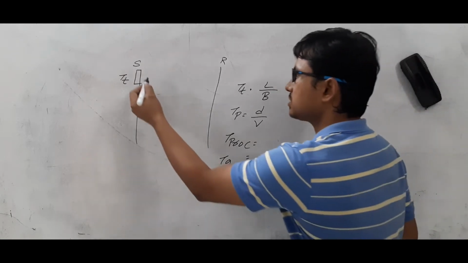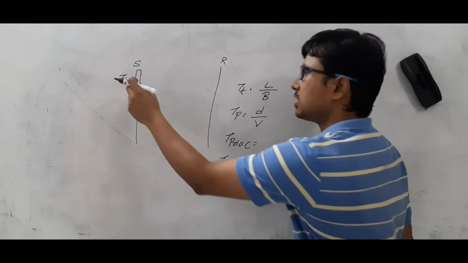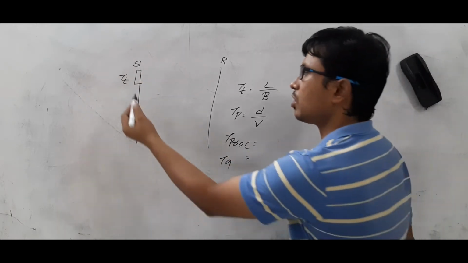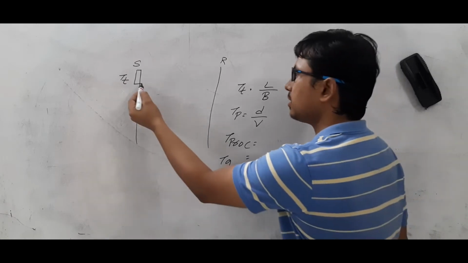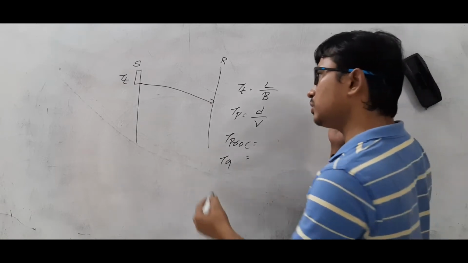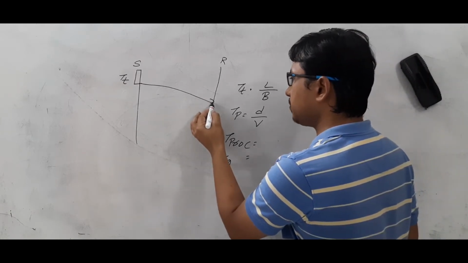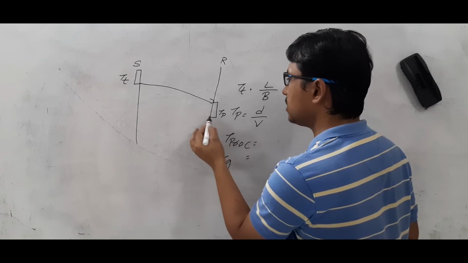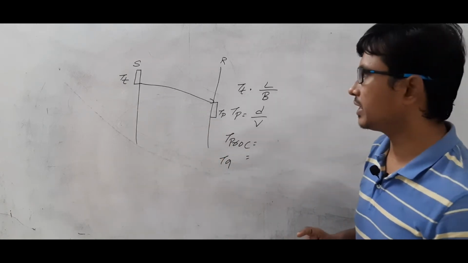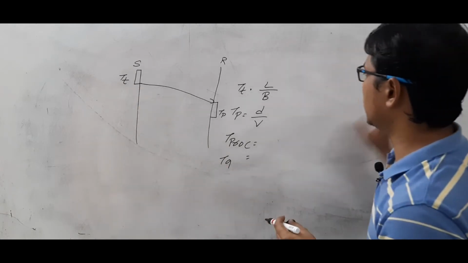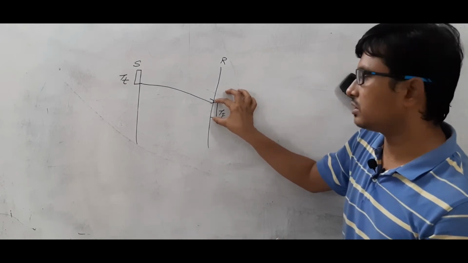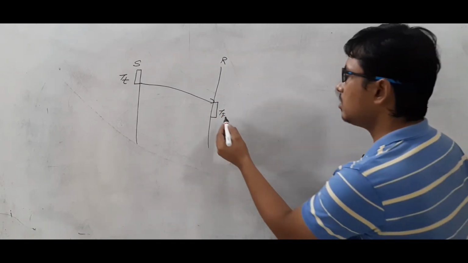So the sender has transmitted the packet. That transmission takes some time, which is called the transmission delay, and the packet has been propagated to the receiver. The complete packet will be received here. This delay we call the propagation delay, because the complete packet has to be sent.